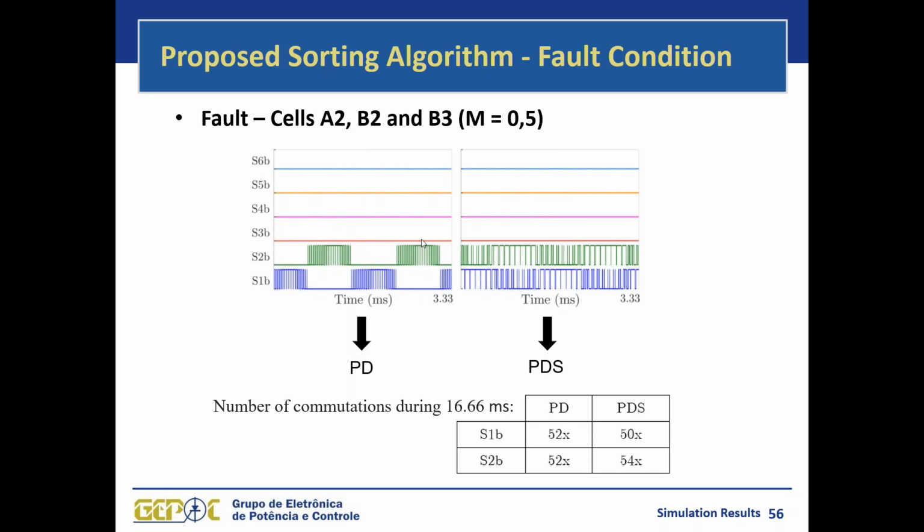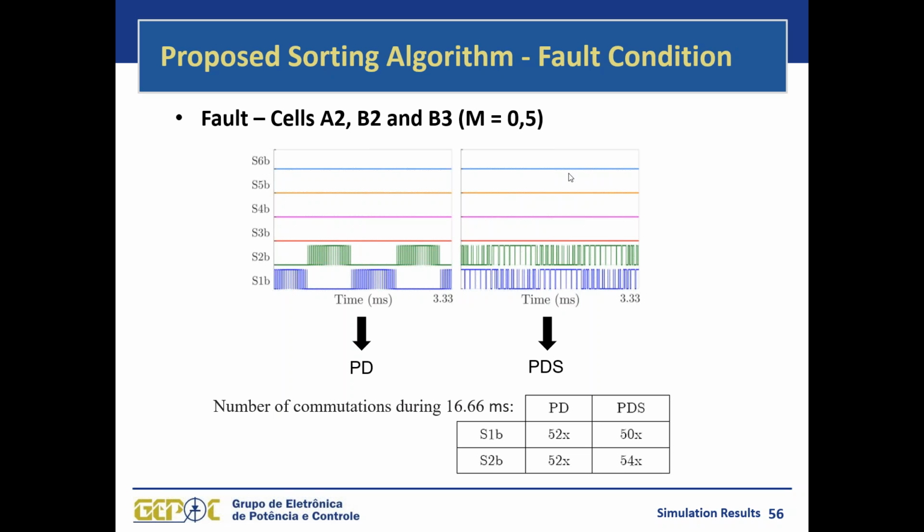So here we are showing that if we use the phase disposition approach with this fault condition, the remaining switches on phase B have this high switching frequency because they try to compensate the PWM of the other ones that are bypassed. But they have this natural characteristic of the PD that they spend some time without switching, so we don't have pulses.